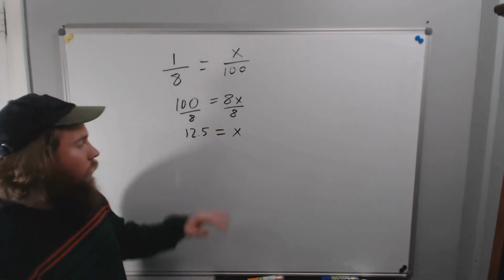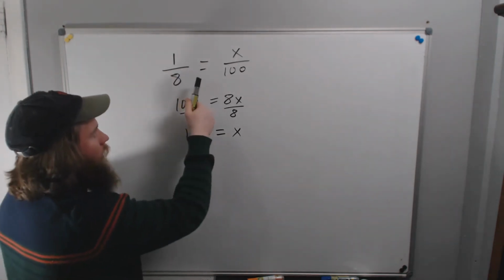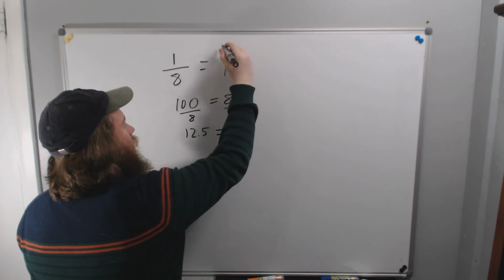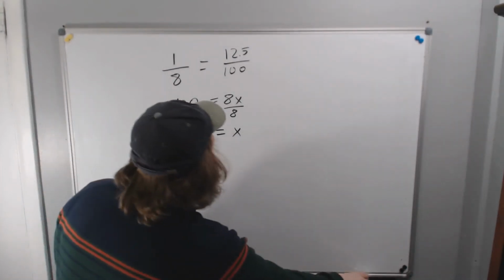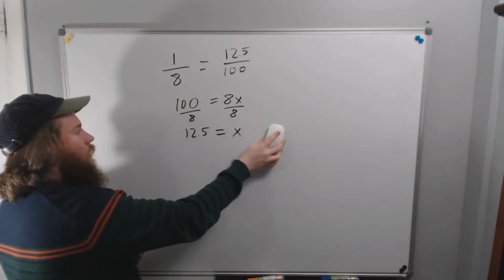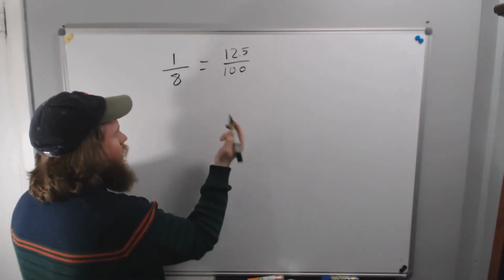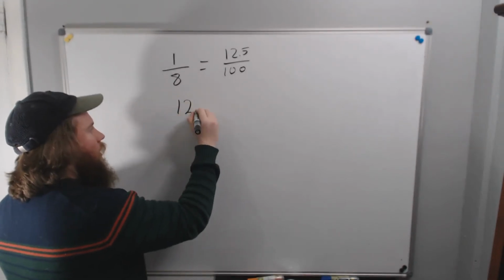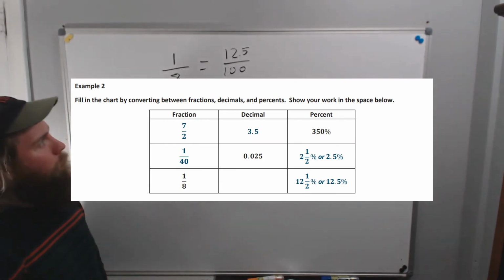Okay? So, cool. We've solved our equation, so we know now that 1/8 is equal to 12.5 over 100. Or out of 100. And so now that we know what 1/8 is out of 100, well, we know the percentage, so the percentage is 12.5%. Okay?